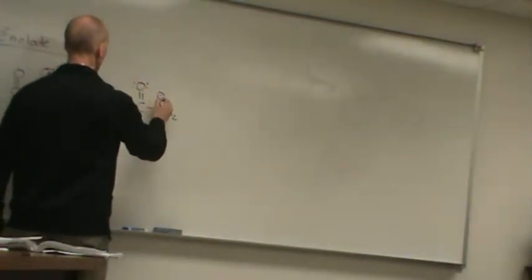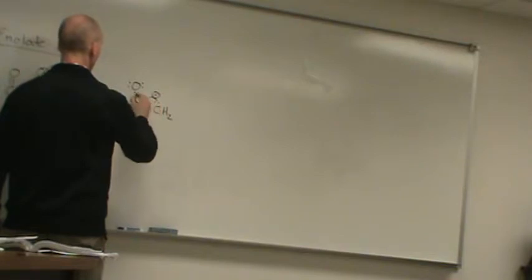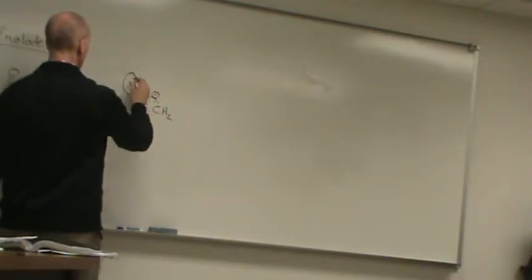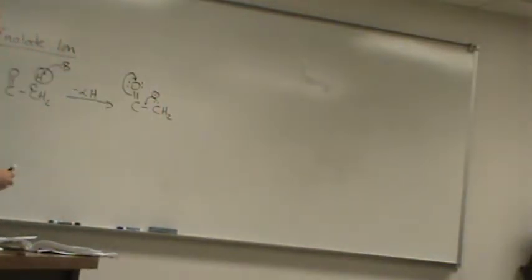Anything special about this thing here? What can we draw? Resonance. Draw a resonance, can't you? You got a lone pair adjacent to a pi bond. So we can move the lone pair toward the pi bond and have those go up to the oxygen.